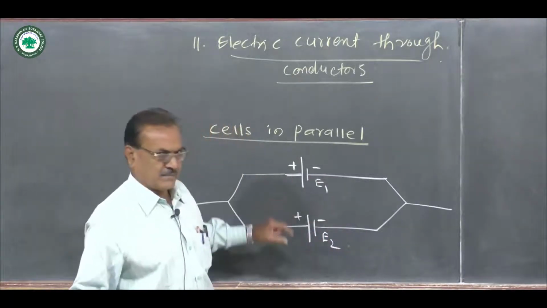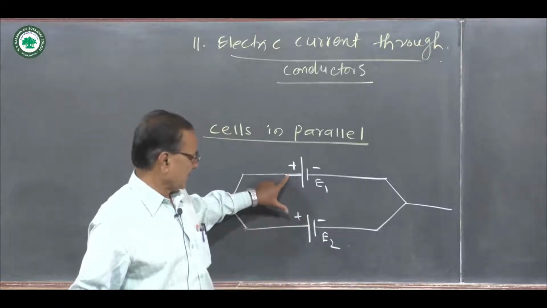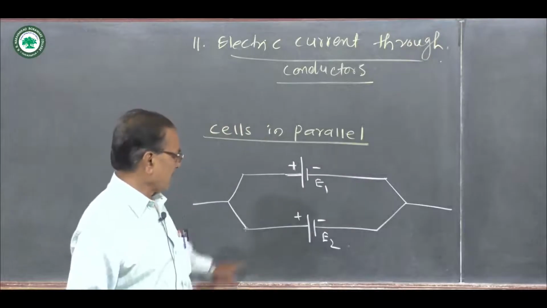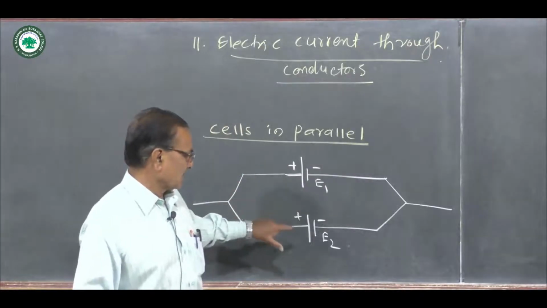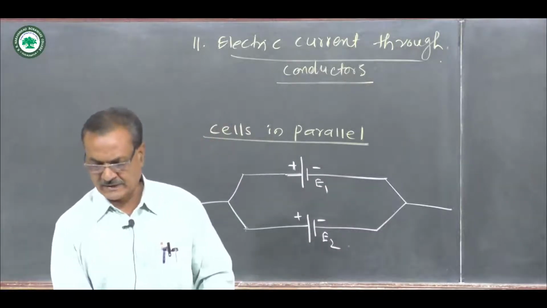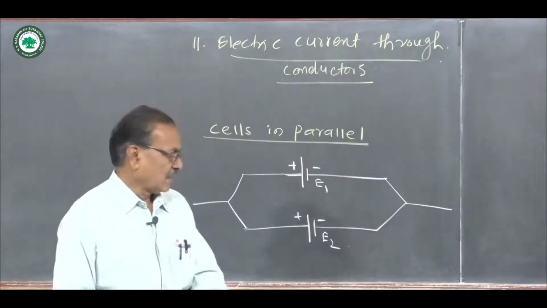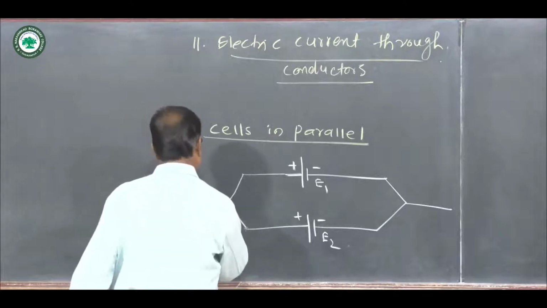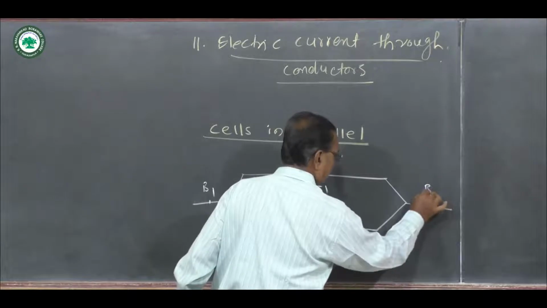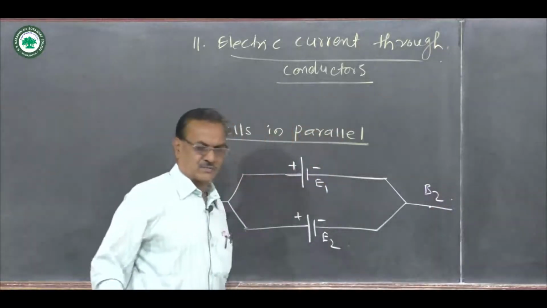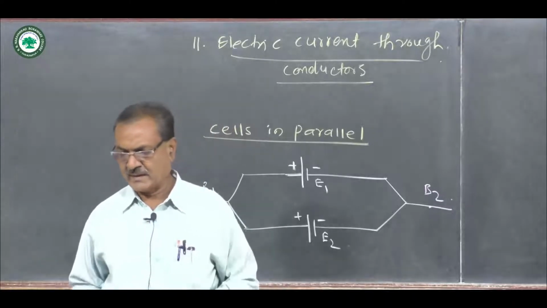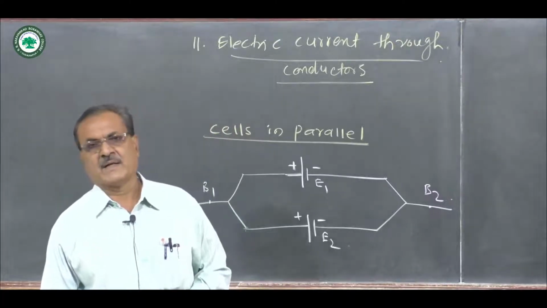Now they are connected in parallel, meaning the positive terminal of cell E1 and the positive terminal of E2 are connected together. Also the negative terminals of E1 and E2 are connected together. Suppose they form a point B1, and here also a point B2. That is, across points B1 and B2, the two cells are connected in parallel.